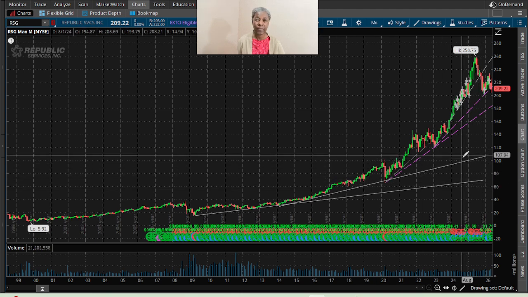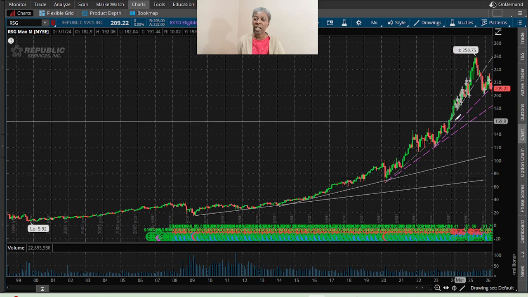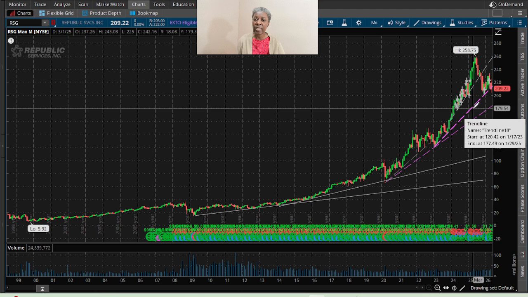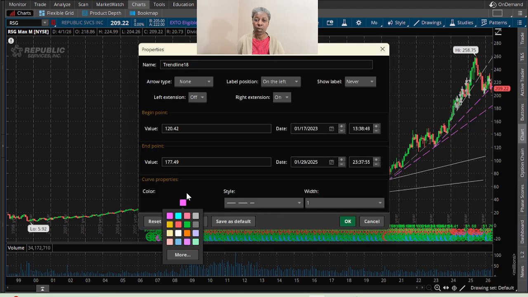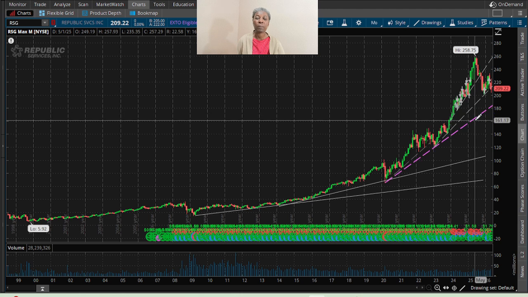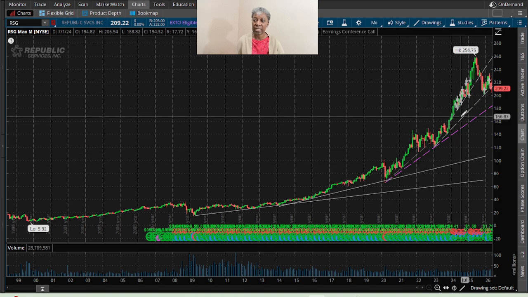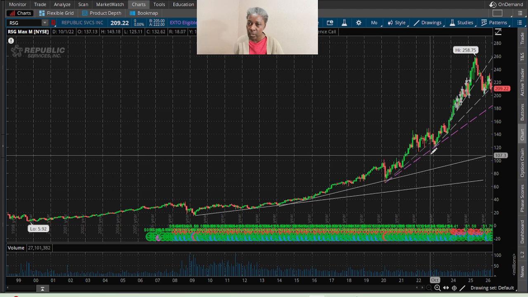So I just left them as the default color. And at this point, even this one, I will gray as well to be the default color. And I'll keep this one to be my entry point to get in because it's long enough, and this one seems to be a little bit on the short side.